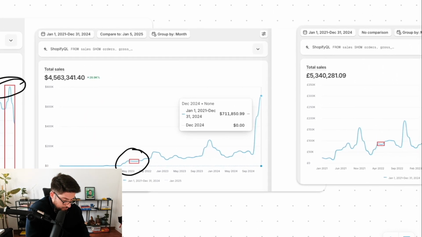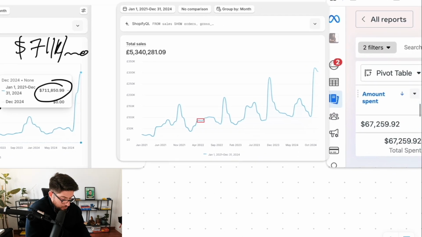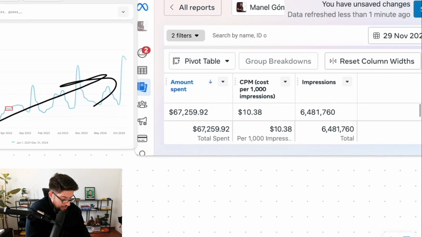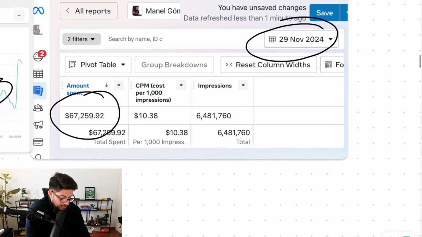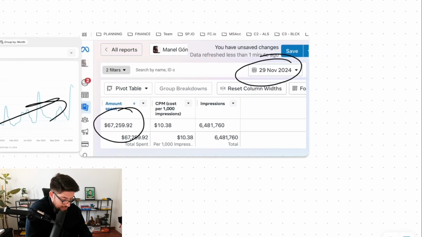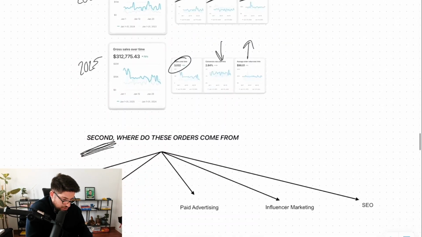Another brand from 40K per month and in the record month, it was 711K per month. So you see it there. So yeah, a few cases of pretty big scalings. November 29th, spent 67K in one day. You know, some cool stuff just to back it up and for you to trust the stuff that I share.